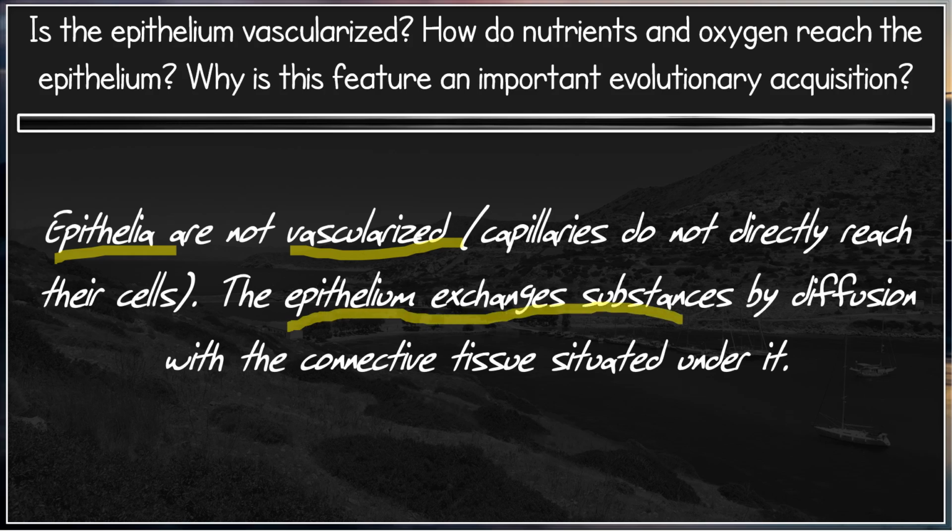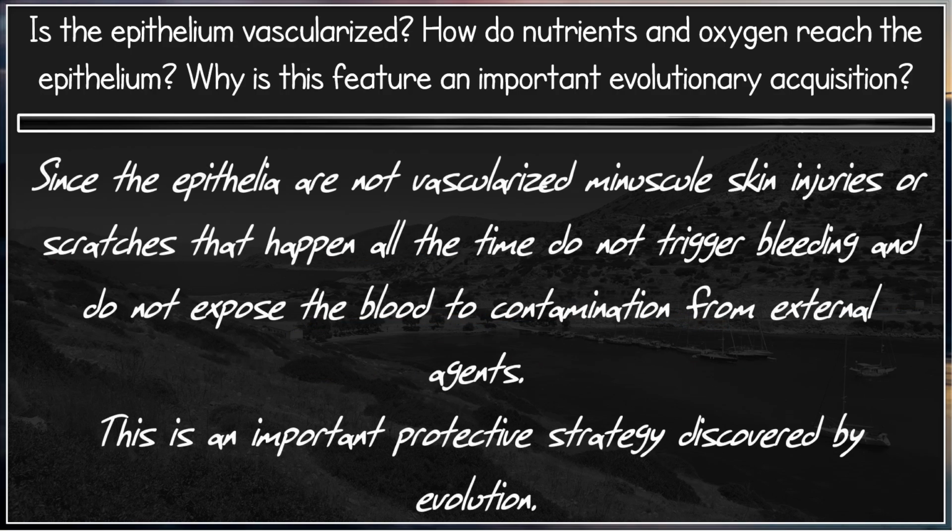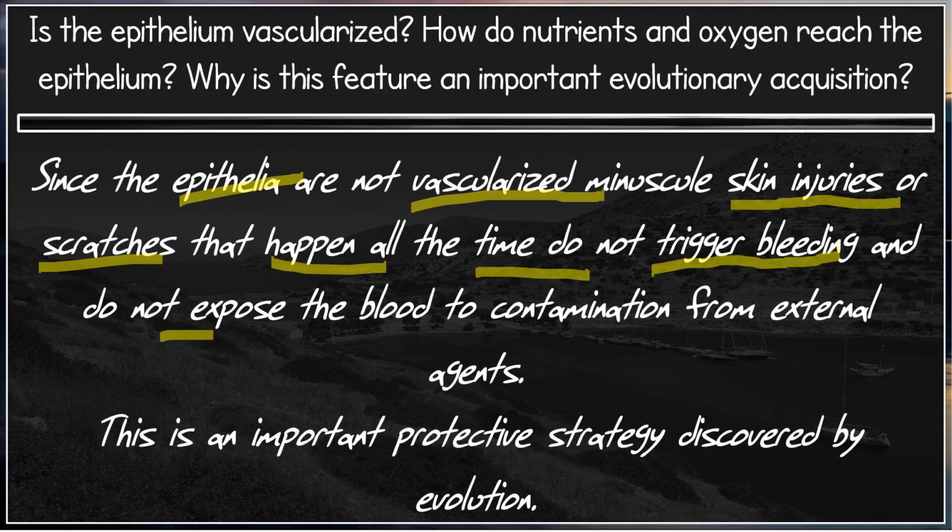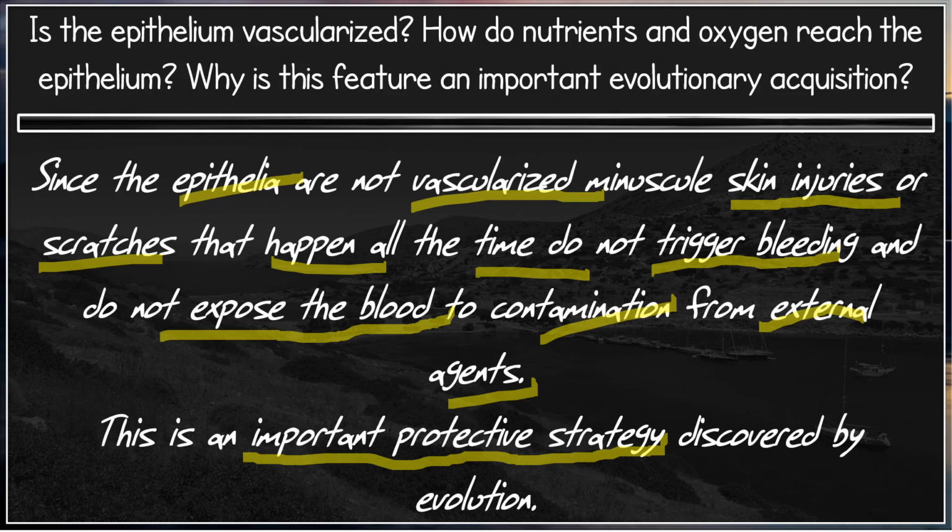The epithelial cells exchange substances by diffusion with the connective tissue situated under it. Since epithelia are not vascularized, skin injuries and scratches that happen all the time do not trigger bleeding and do not expose blood to contamination from external agents. This is an important protective strategy discovered by evolution.